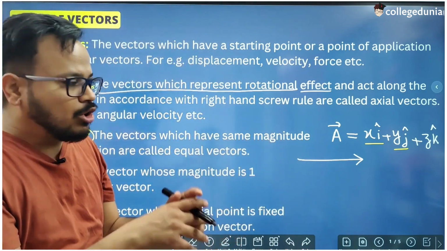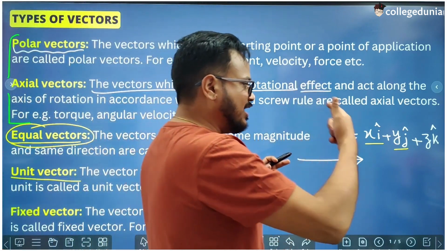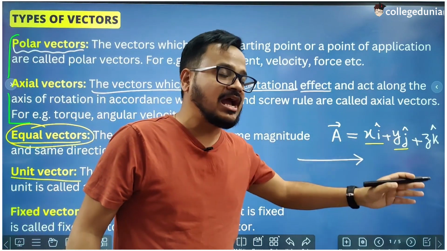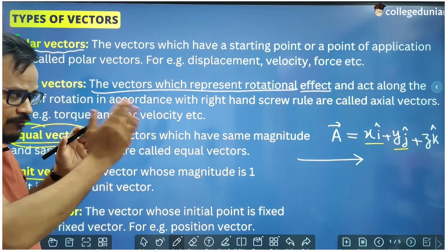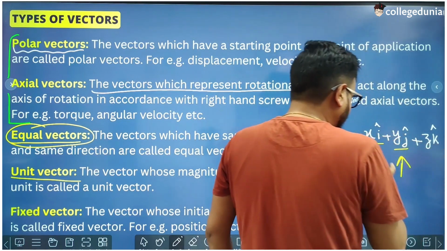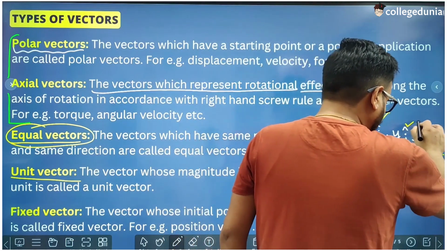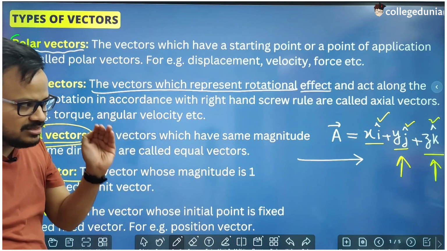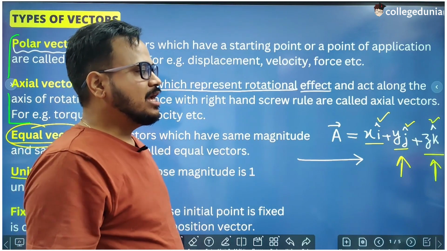So the total component of this vector along x axis is x i cap, and the magnitude of this vector along y axis is y, and since the unit vector along y axis is j cap, the component of this vector along y axis is y j cap and the component along z axis is z k cap. So this i cap, j cap and k cap are the vectors which are acting along x axis, y axis and z axis and they are having a magnitude of 1 unit. Such vectors are called unit vectors.